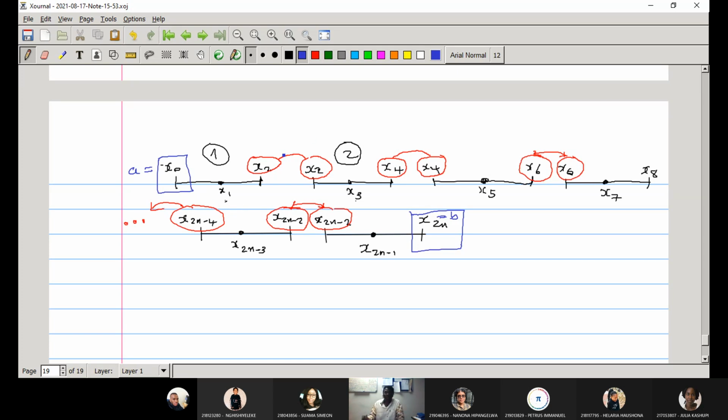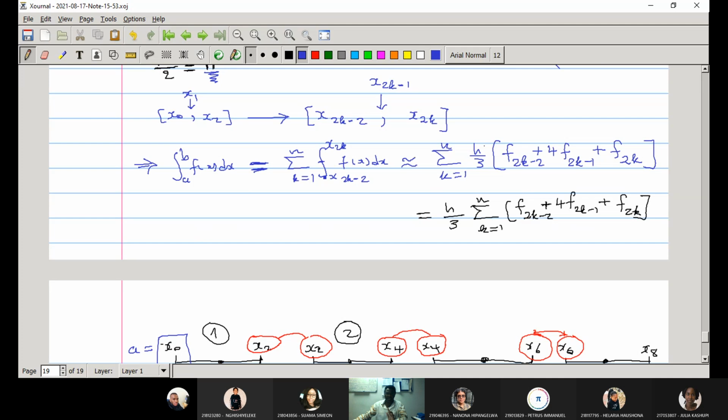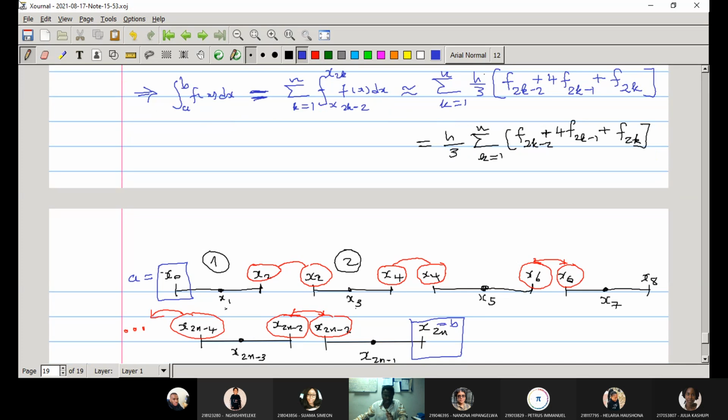Whereas all the other even subscripts appear twice, but the odd subscripts appear only once because they are at the center of each subinterval. Whereas the endpoints will appear twice. Okay, now we can regroup this. So finally, I can group this. From this explanation, we can group this.